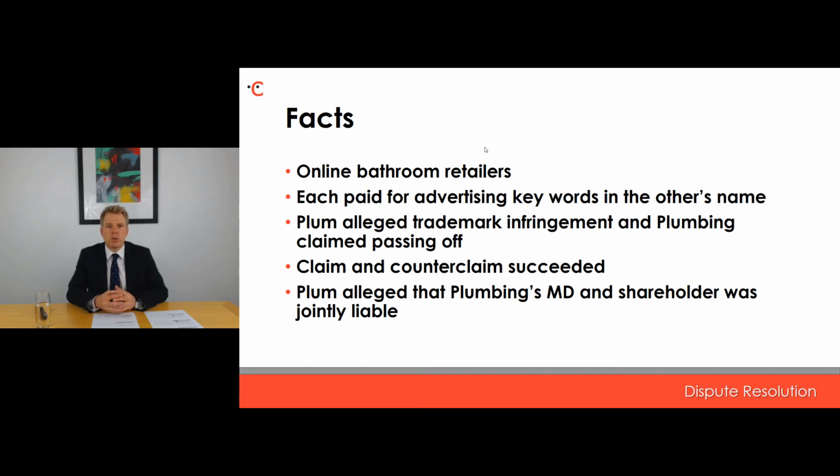Of course, the starting point is companies have limited liability status. Directors can benefit from that, and a judgment against a limited company will not be enforceable against its directors and shareholders.